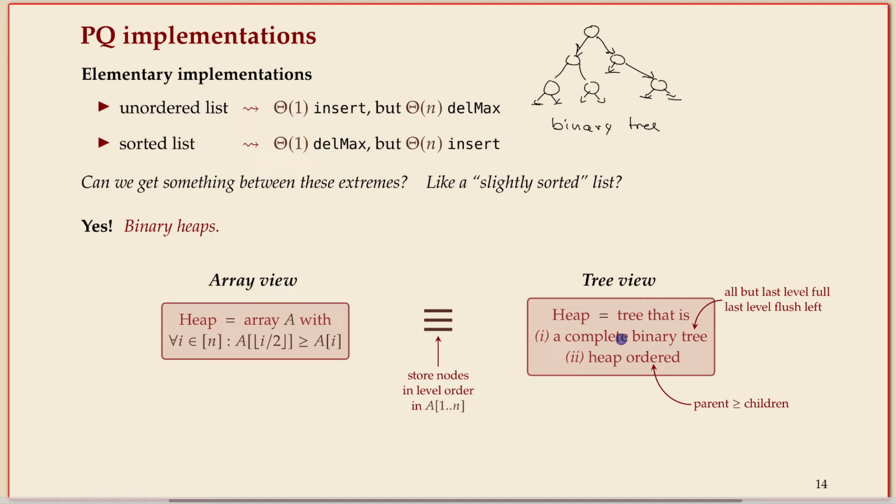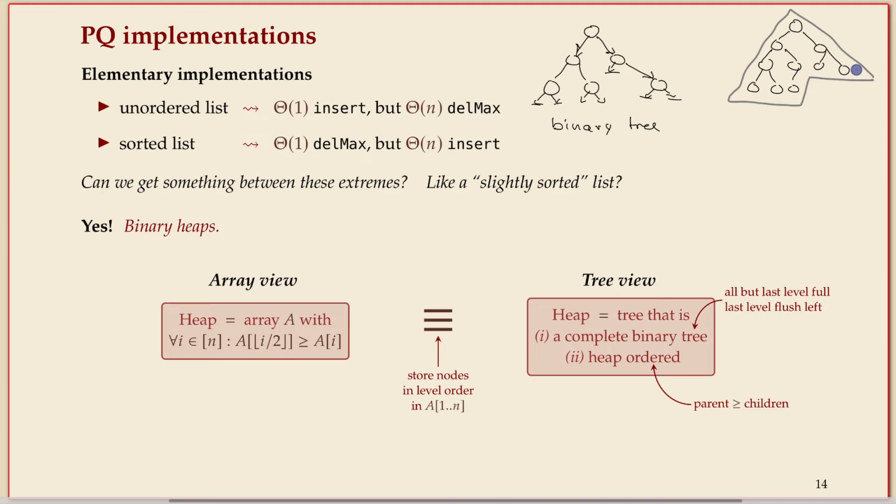Now, a complete binary tree is one where all the nodes have two children, except, well, we have to stop at some point, except maybe on this last level. There it's fine if some nodes have no children, but if so, they should be all flush left. So we want this kind of shape here.